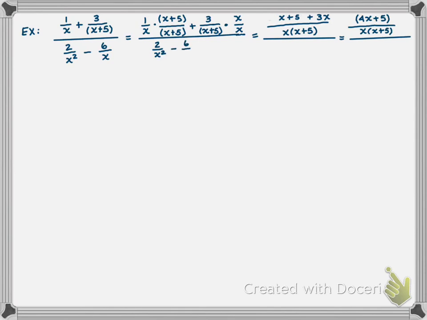And then 6 over x, we're going to multiply by x over x. So we end up with 2 minus 6x over x squared. And I'm going to put that in descending order just because I figure I'm probably going to factor it later.